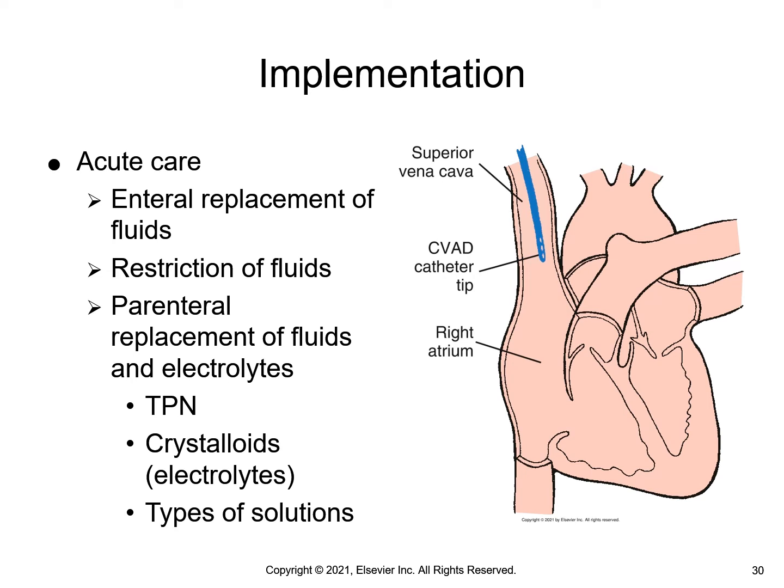Fluid and electrolytes may be replaced through the infusion of intravenous fluids and not the digestive system. Parenteral replacement includes parenteral nutrition, IV fluid and electrolyte therapy, and blood component administration.